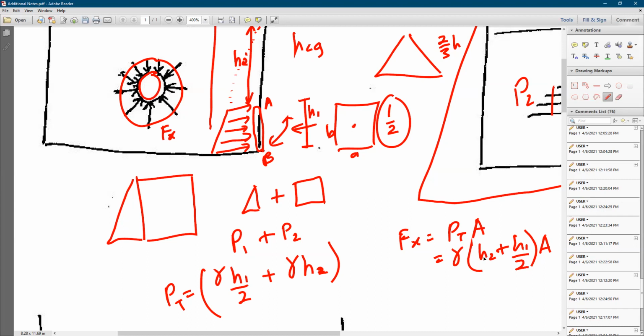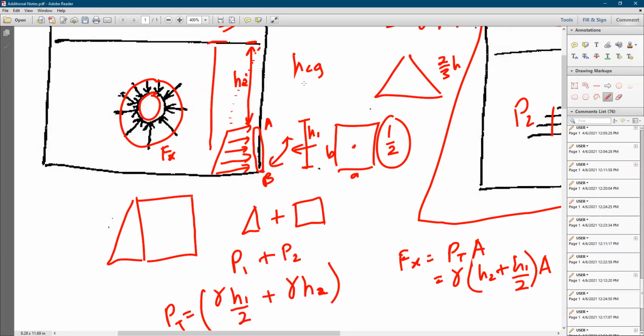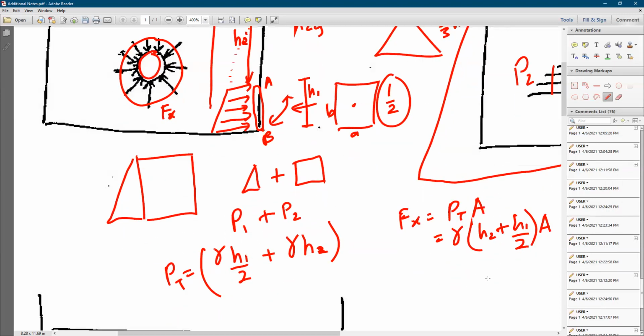Generally like this. I hope by now you understand what is HCG. This is your HCG. Later on, I will tell you what is HCP.